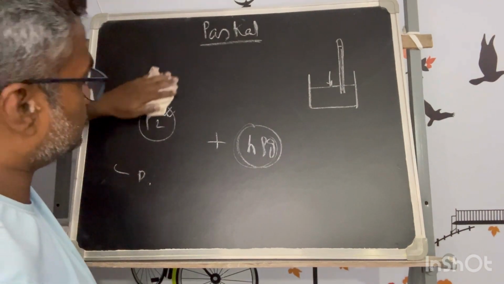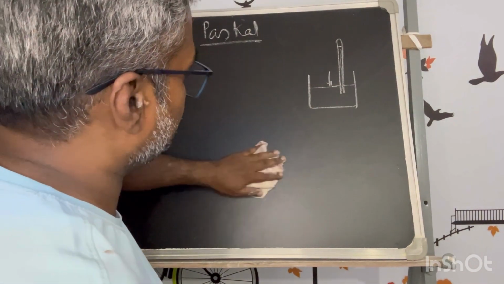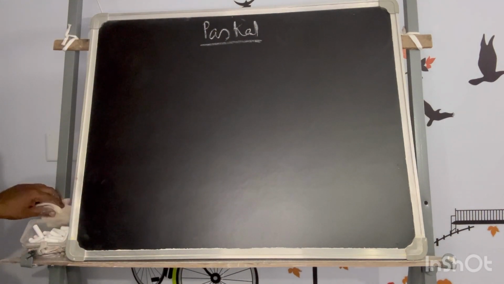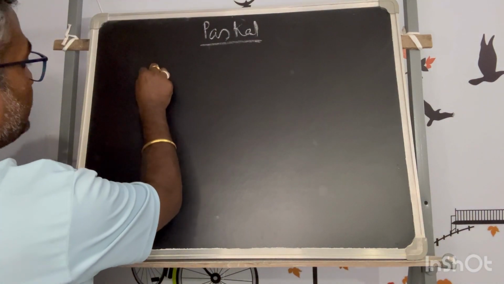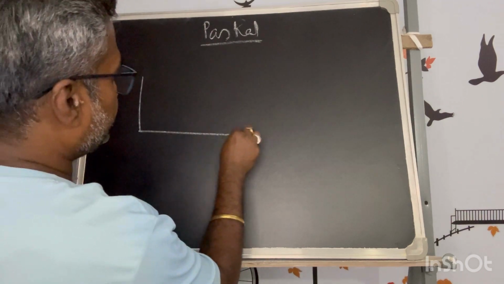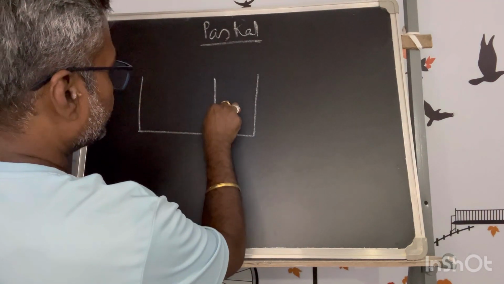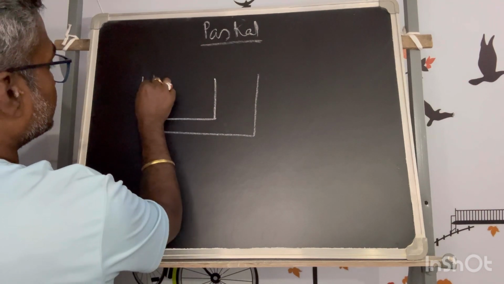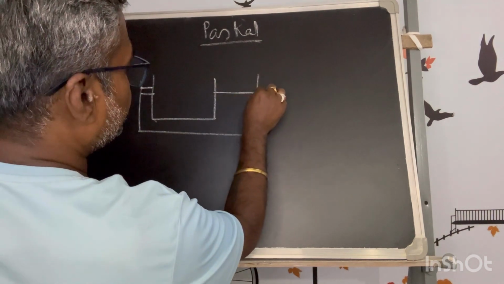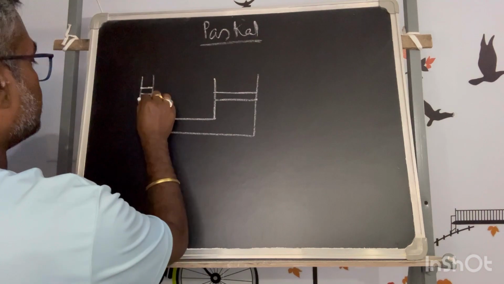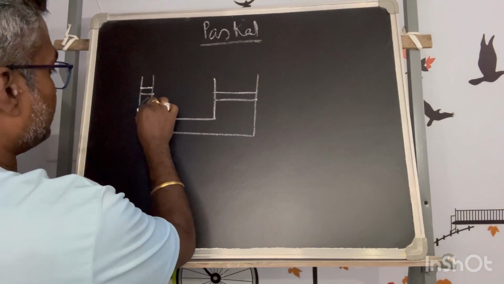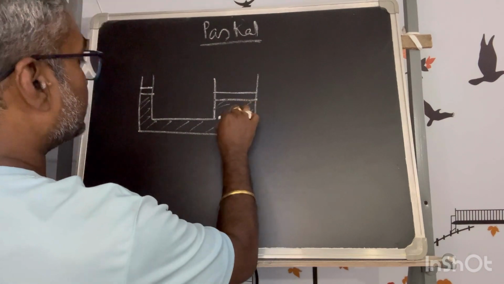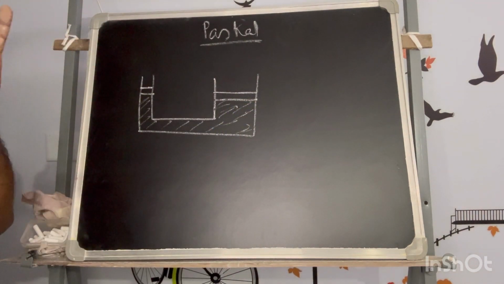Okay, so he has used that theory to prove his own theory, and if this theory is true, and if this kind of arrangement is made, we will get some mechanical advantage out of it. How? Let's say there are two parts of this arrangement and it is filled with incompressible fluid.